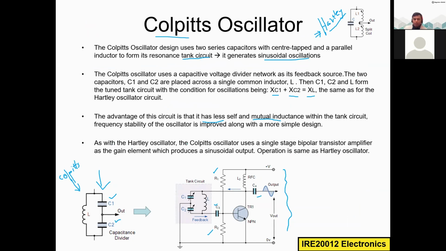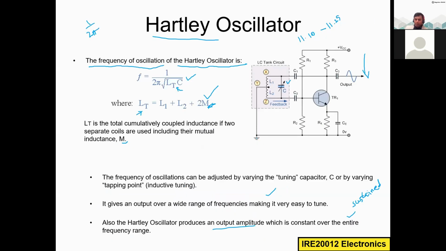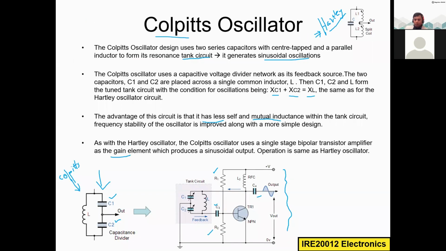As with the Hartley oscillator, the Colpitts oscillator uses a single stage bipolar transistor amplifier as the gain element for amplification, which produces a sinusoidal output. The operation is the same as Hartley. We apply the base voltage, and based on it the collector current will vary, because the collector and emitter terminals can act as either an open circuit or a short circuit.